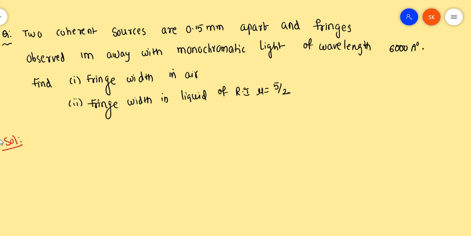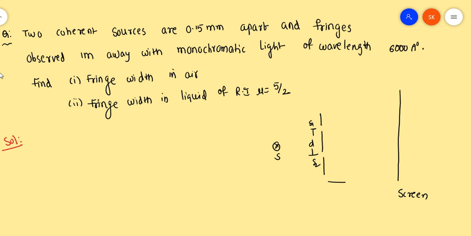What they gave as data I will write. The distance between the two coherent sources is 0.15 millimeter apart. In Young's double slit experiment, there are two coherent sources. This is S1 and S2. The separation between the two slits is small d. S is the source, and this is the screen you see here.